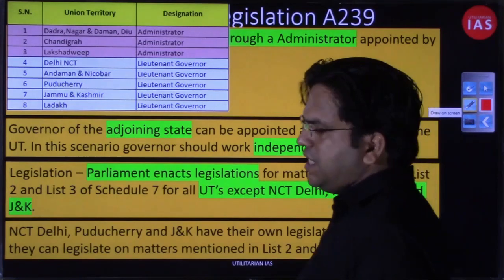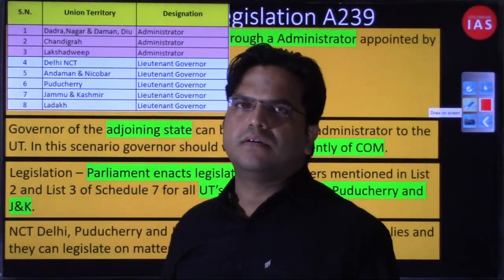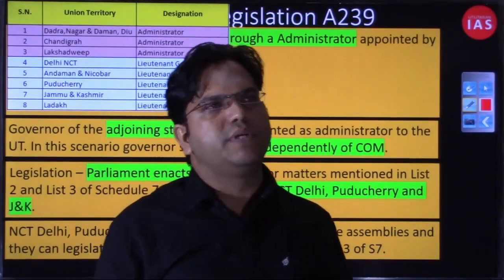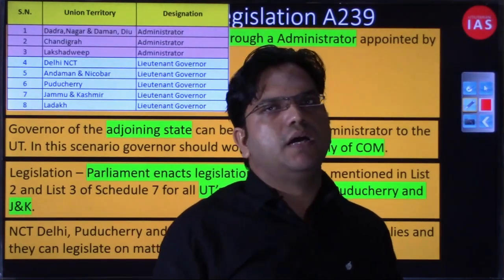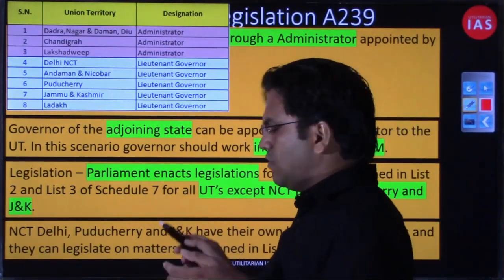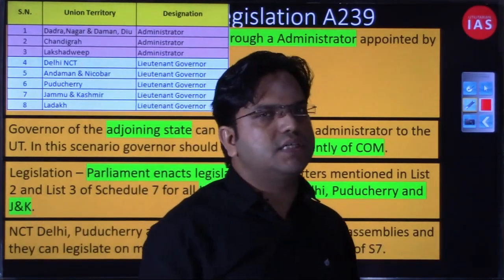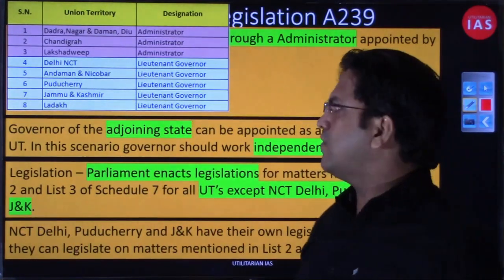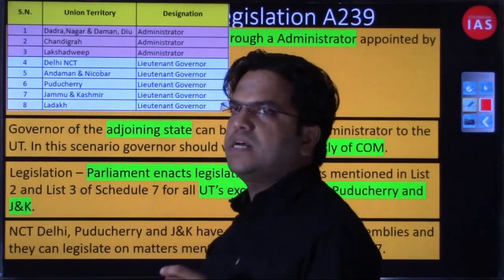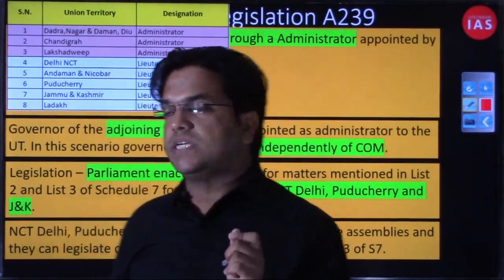However, at any time the situation may occur that the center or the council of ministers may not find any suitable candidate for a particular union territory. In that case, the president has an option: he can ask the governor of an adjoining state. Let us try to understand.